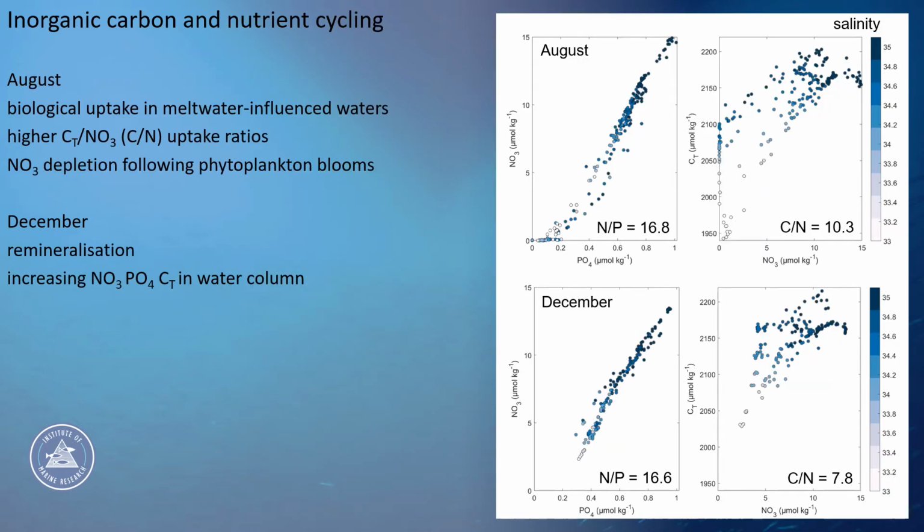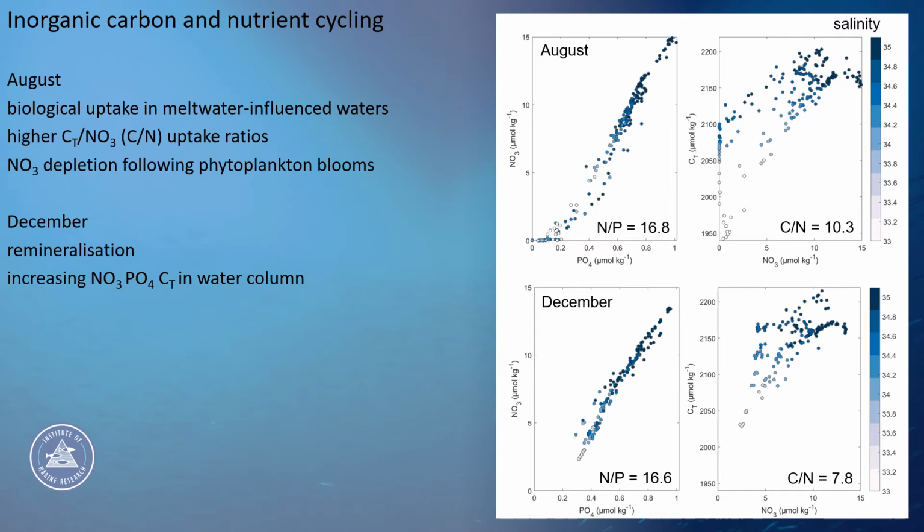The cycling of inorganic nutrients with inorganic carbon revealed some distinct seasonality. The plots show nitrate and phosphate and inorganic carbon and nitrates in August in the top panels and December in the lower panels. In August, strong biological uptake had occurred in the meltwater influenced surface waters.